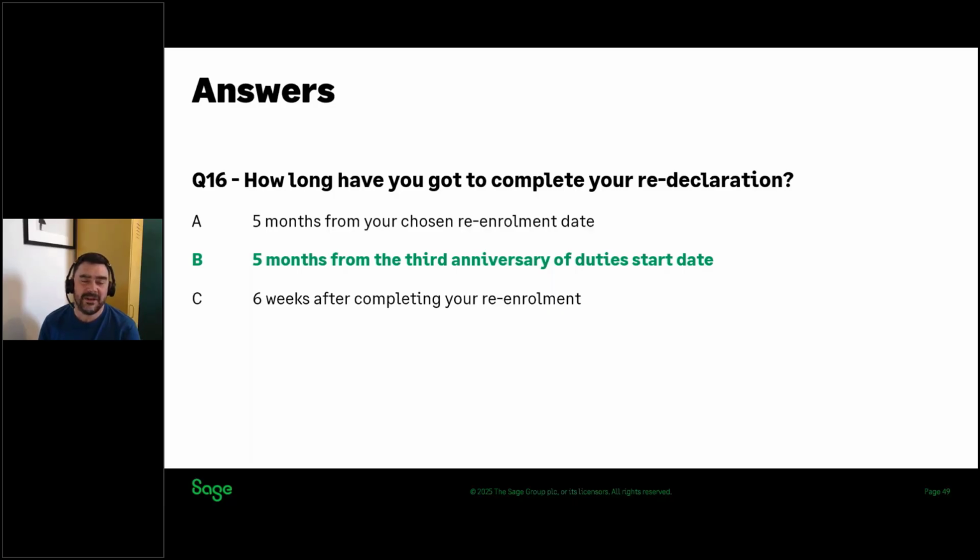And that 6-week deadline is the deadline to communicate to your employees that they've been re-enrolled. So the correct answer there to do your redeclaration of compliance is 5 months from the 3rd anniversary date, either of your duty start date or previous re-enrollment.